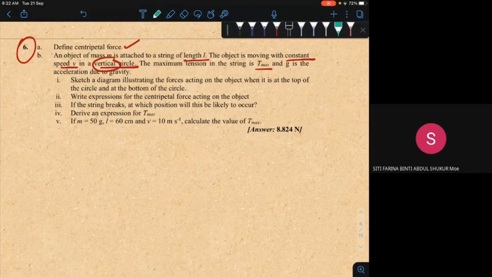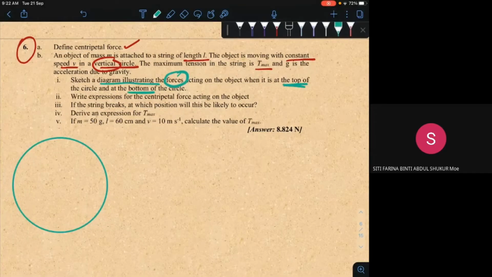So when it is a vertical circle, we will have a circle like this. Okay, so this is your vertical circle here. The question asks to sketch the diagram to illustrate forces acting at the top and bottom. So if your object is attached to a string, for example, this is your string attached, it will make a circle like this.